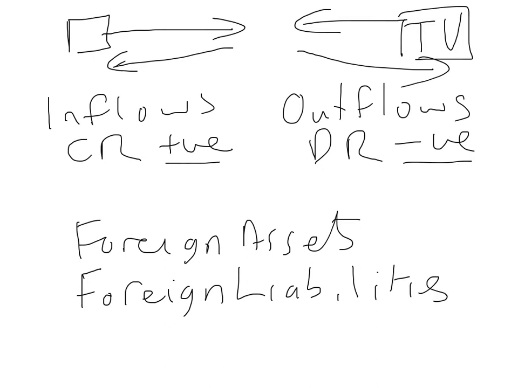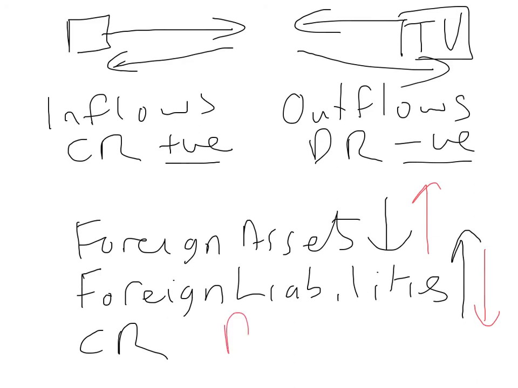Now, what's going to happen if our foreign assets go down or if our foreign liabilities increase? That's shown as a credit. If it's the other way around though, if our foreign assets increase or our foreign liabilities come down, that's shown as a debit. Just straight accounting.